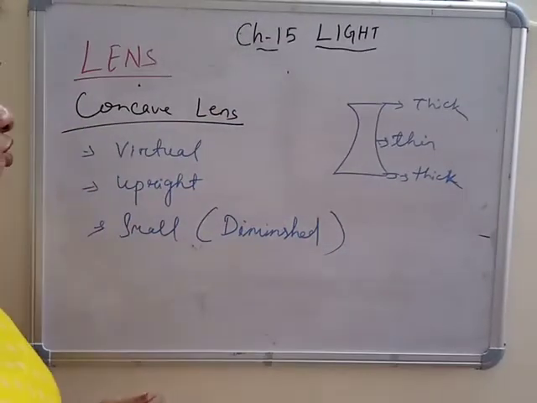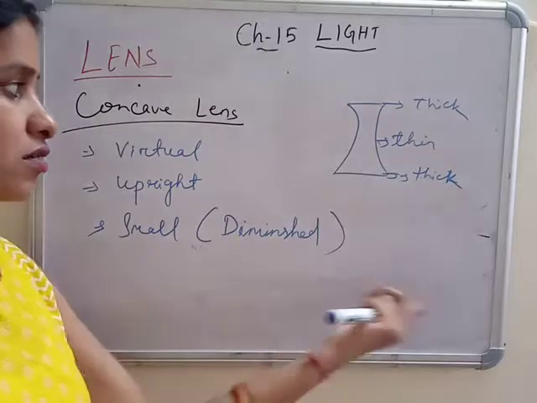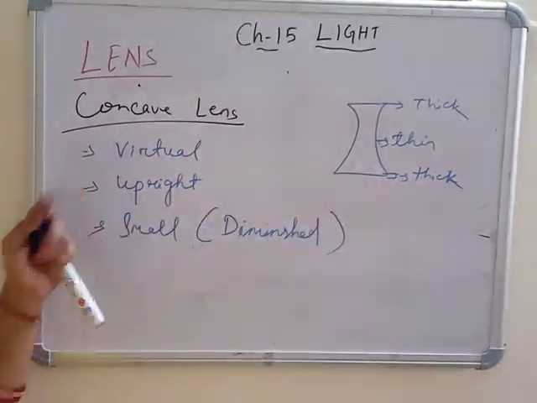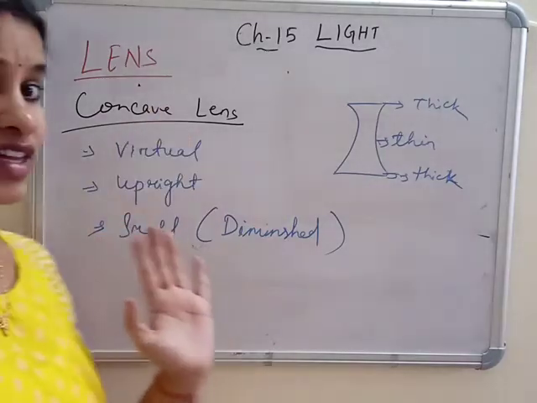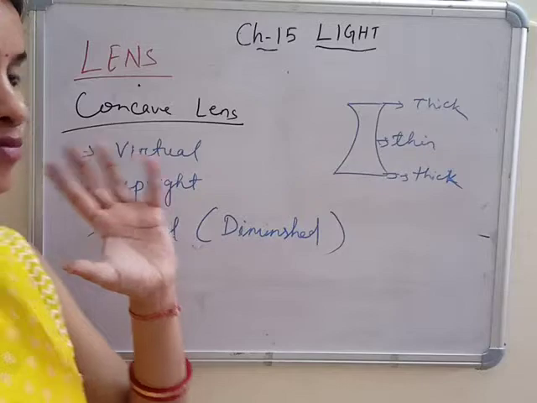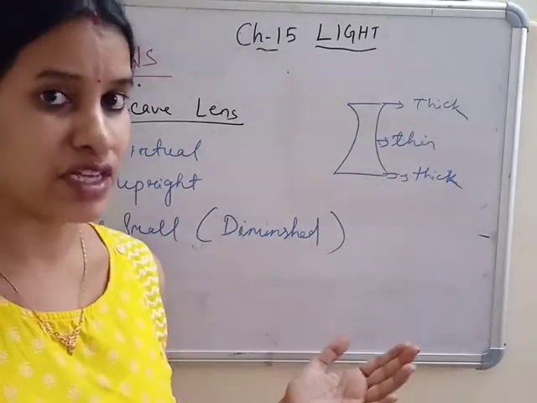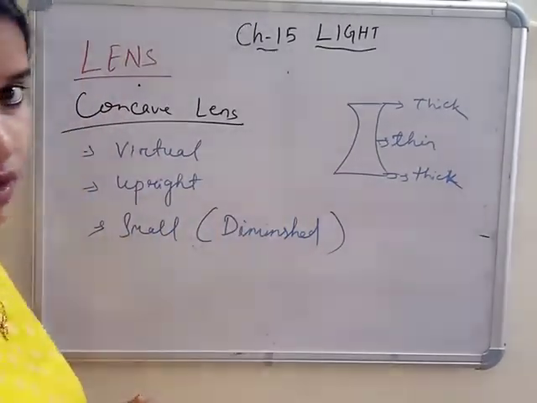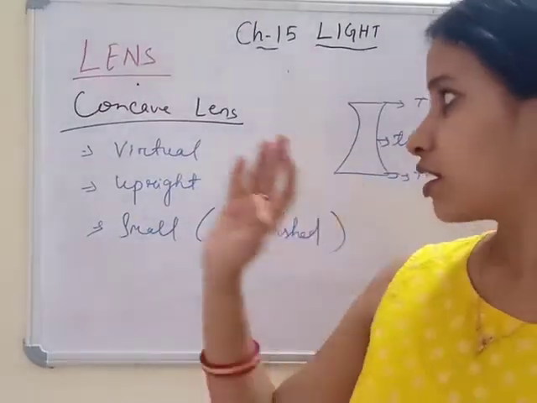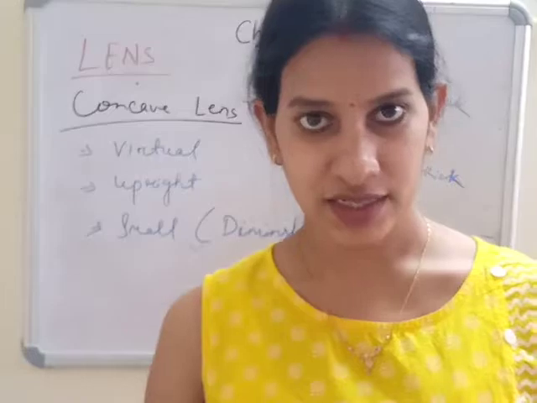Okay, so concave lens, this is the lens structure, and virtual, upright, small. But convex, the real and virtual both images form, the small and magnified both images form in the convex one, but in the concave it is fixed. Okay, so this is all about the lenses, concave lens and convex lens.